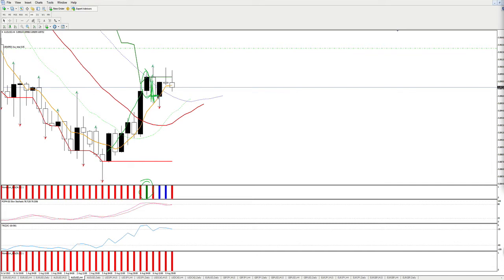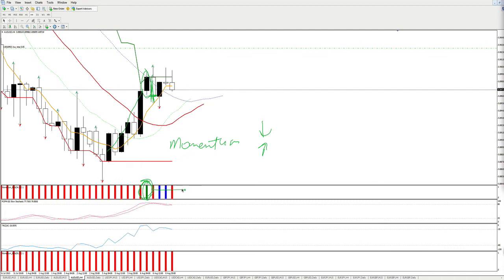This was the bar that we got in the market on, going off the previous bar. So we saw the momentum change over from down to up. It only changed over one bar, it hadn't been changed over for that long, but that gave us the indication that we want to be buying this market today, not selling it. And so that's exactly what we did. We bought this particular market.